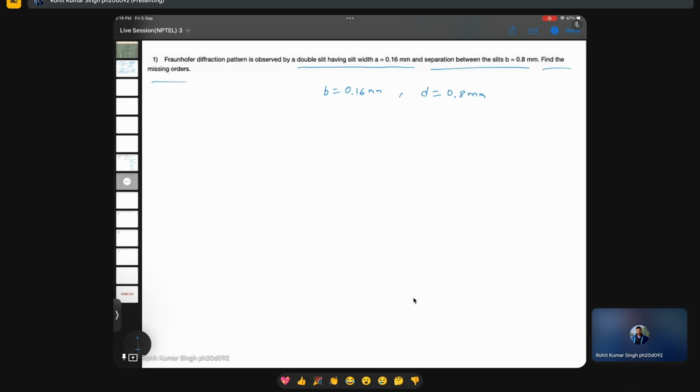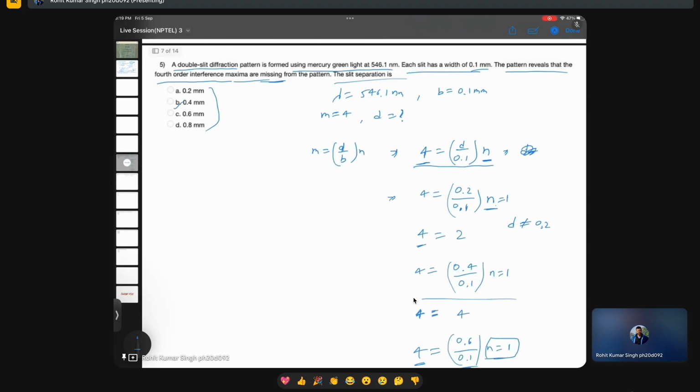Sir, I have a doubt. The way you told us, we have to calculate n should be minimum. But they have not mentioned it, right? And n equal to 2 can also be correct here.